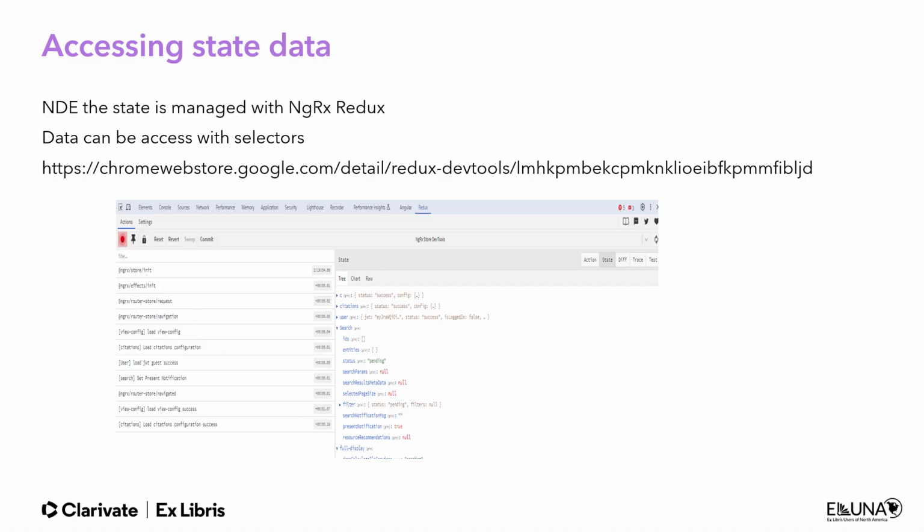Okay, so for accessing data that we need to work with in the customization components, we have two options. One of the options is using the state. The NDE is managed by NGRX Redux, which can be used with this plugin for Chrome to see how the state looks and see which properties from the store can be accessed.